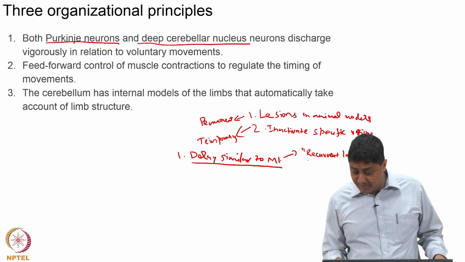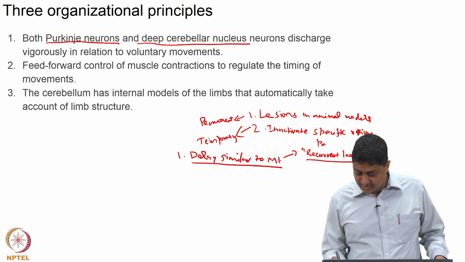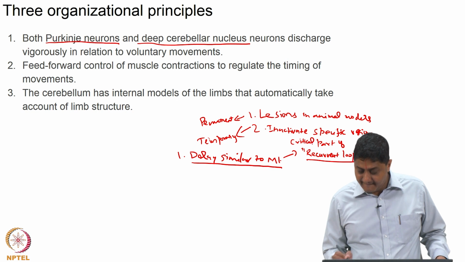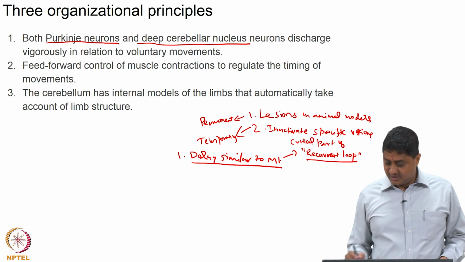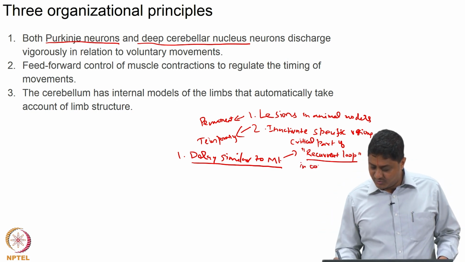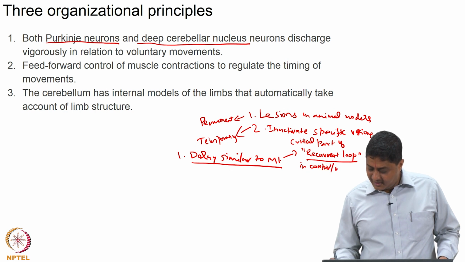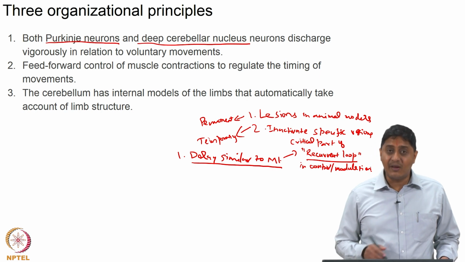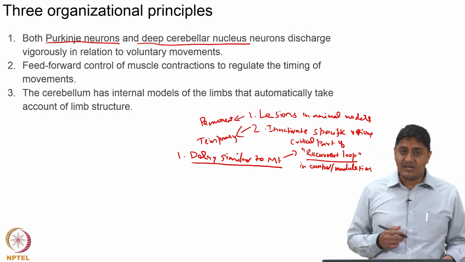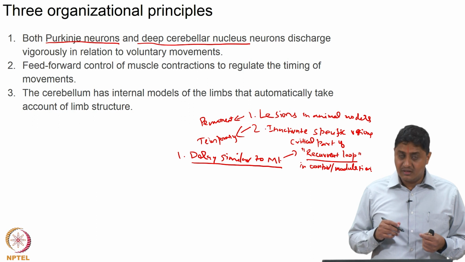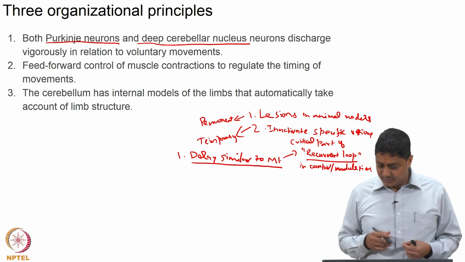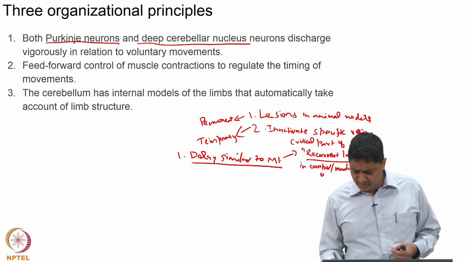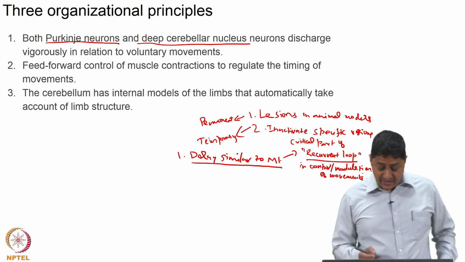So it is an important, crucial, critical part of a recurrent loop in control and modulation of movements. It is not controlling movements like the M1 does, but it forms an important element of a recurrent loop in the control of movements. Okay. So, that is one.